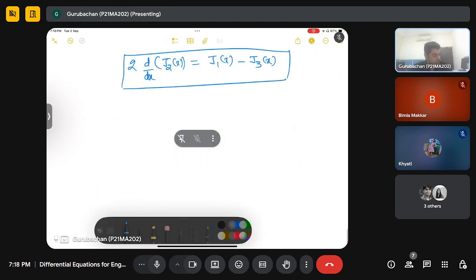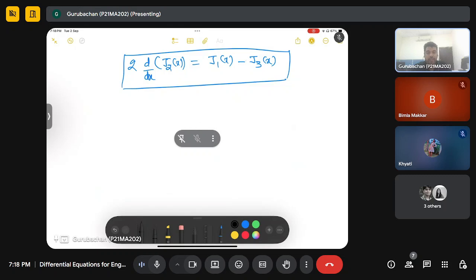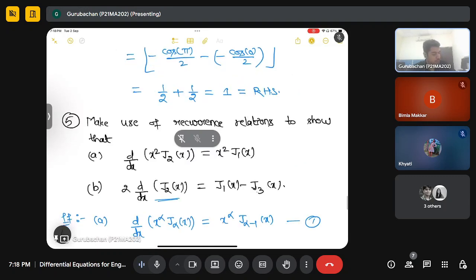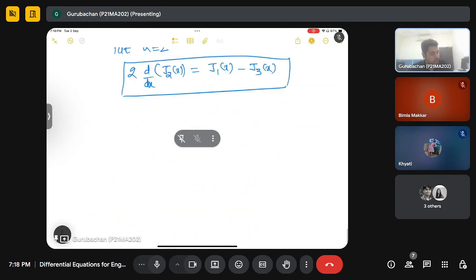Next question is we want to calculate the value of the integral. This is question number 5, so the next one will be number 6.